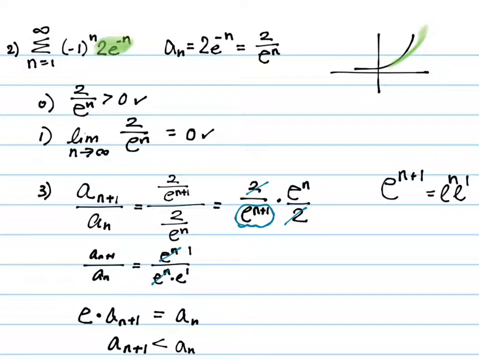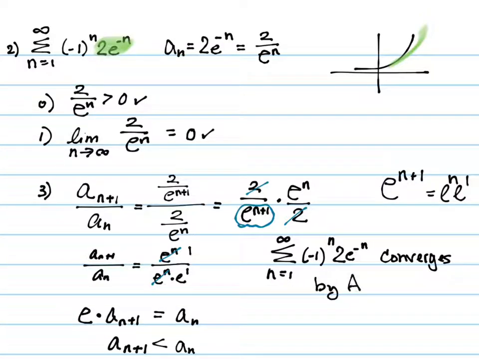So what will that look like? We would say that the summation from n equals 1 to infinity of negative 1 to the n times 2e to the negative n converges by the alternating series test.